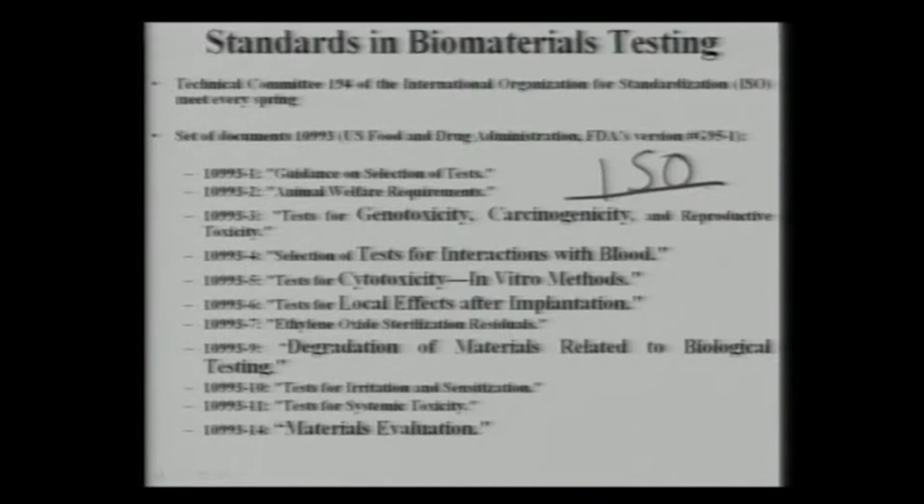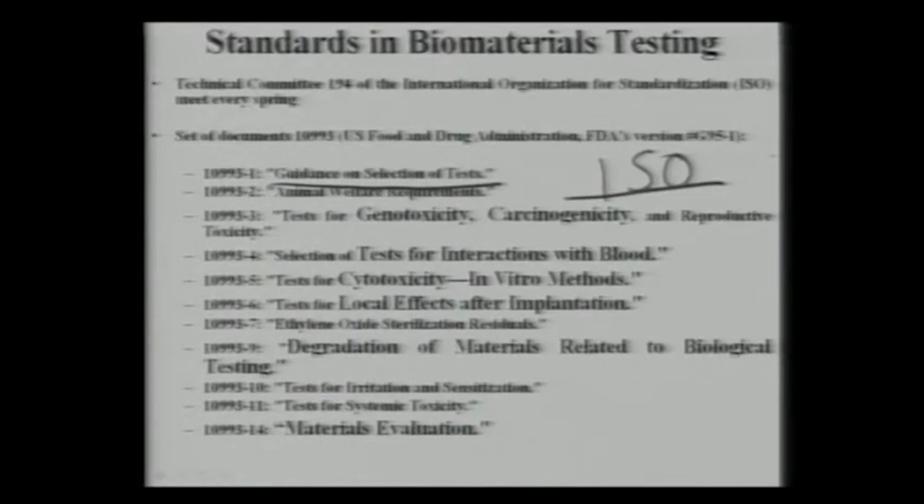The first one is the guidance on selection of tests. Suppose you are trying to develop a material X for application Y. For this material X, what are the tests A, B, C, D that you need to perform to say that this material X will be suitable or ideal for this biomedical application Y.